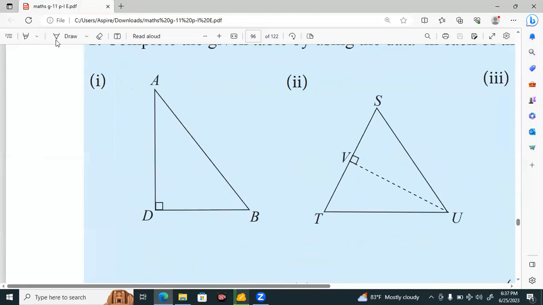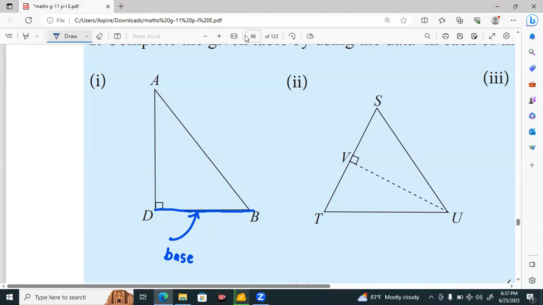Okay. Now, if you consider the base as BD, then what is the corresponding altitude?